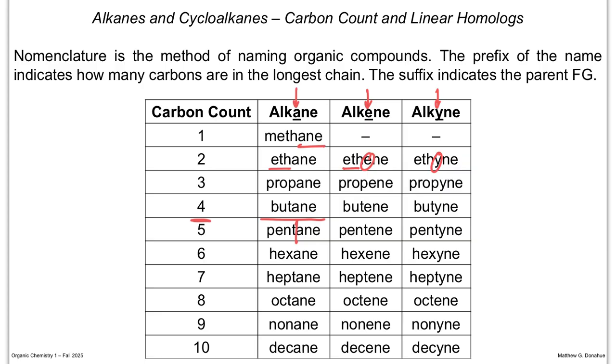So we have to find what carbon those substituents are bonded to, and then what are they? Are they other carbon chains? Are they heteroatoms? So the nomenclature will always have substituents and then a parent. There's a little bit more nuance to it, but it's pretty logical for the most part.